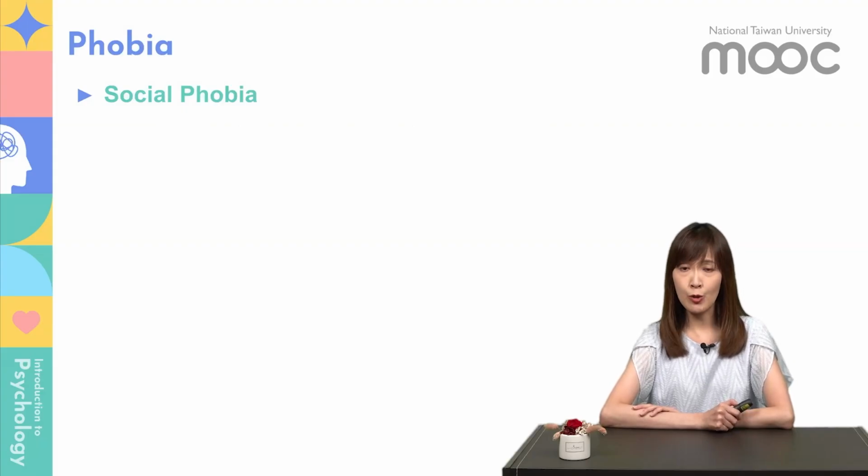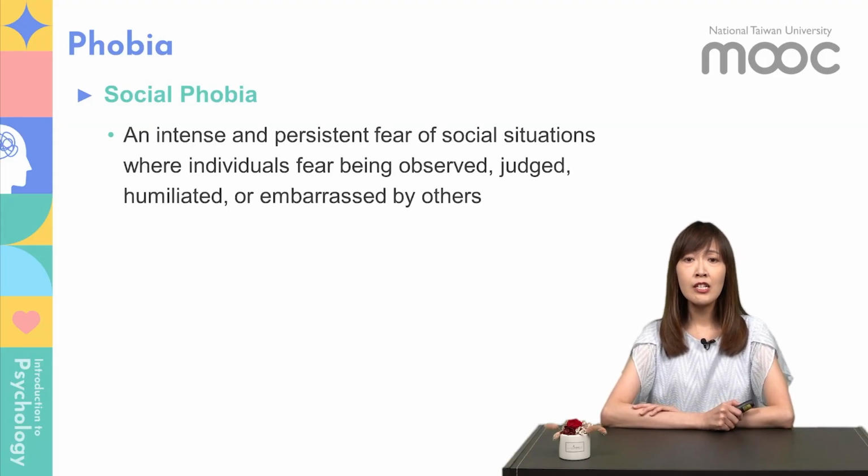Then how about social phobia? Social phobia refers to the intense and irrational fear of being observed by others. So these people are afraid of being judged, being humiliated, or being embarrassed by other people. And that's why they may avoid situations such as speaking, writing, or eating in front of others.